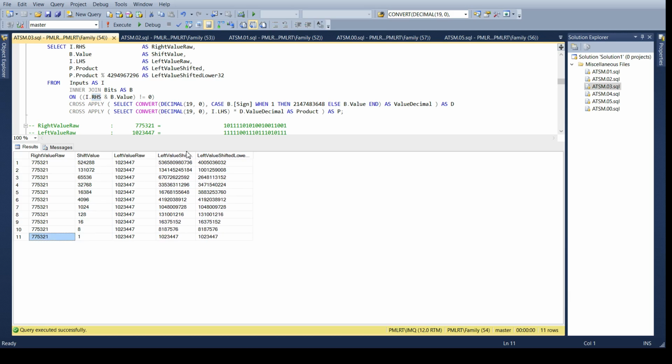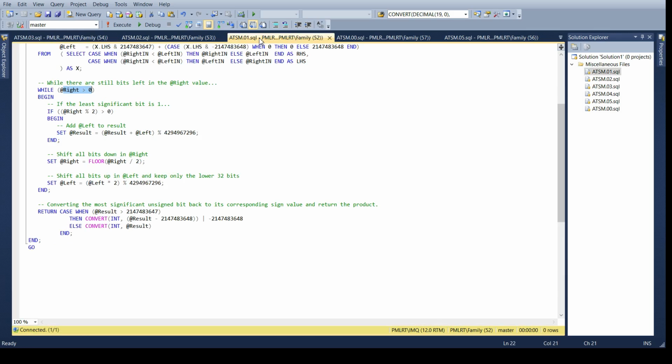And then what we've done is, right here, I'm dealing with the sign bit, and potentially converting that to a decimal, and then in my second cross apply here, I'm multiplying that by the left-hand side. So essentially, this is doing all the shifting that was happening in, let's go back to our first imperative.